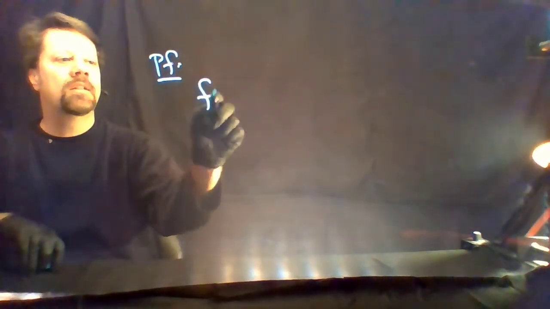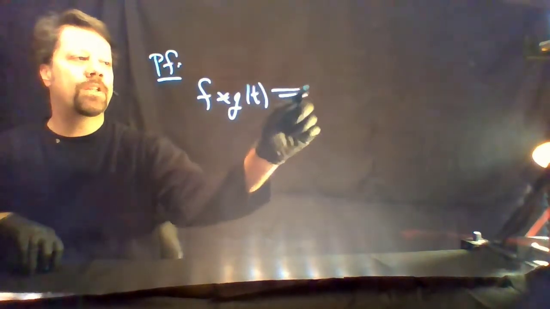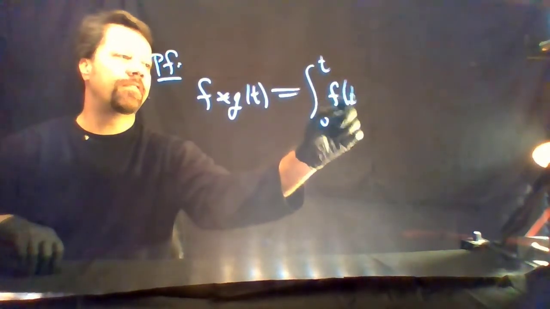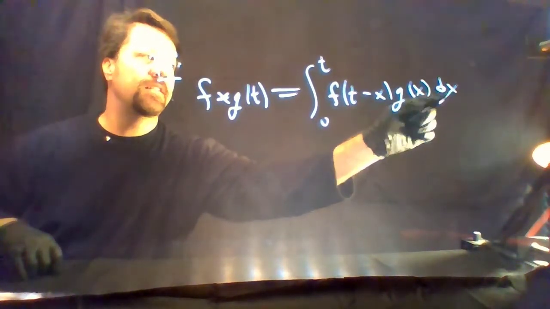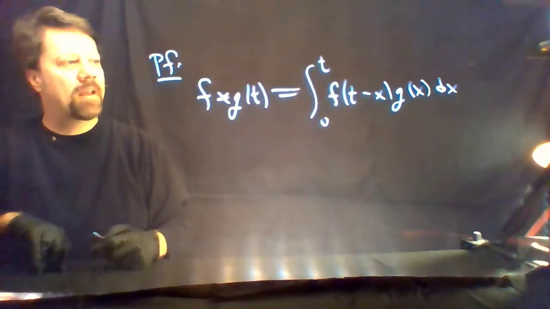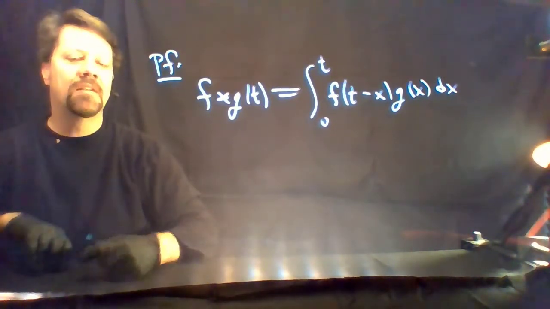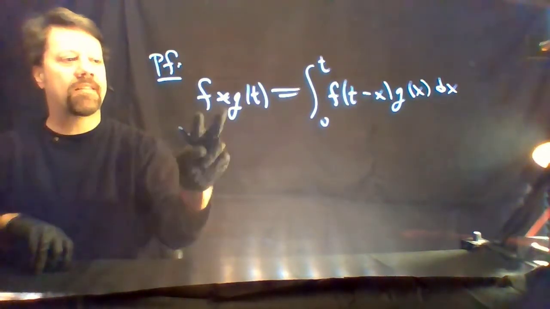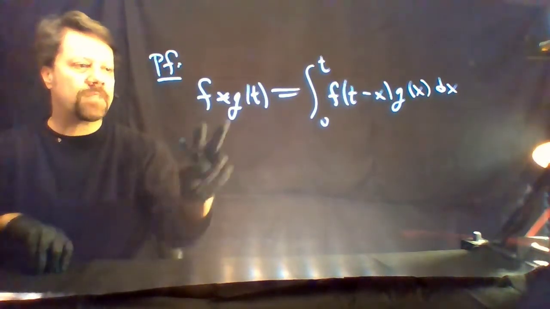So let's write f convolved with g of t, which by definition is the integral from 0 to t f of t minus x g of x dx. Now, there's kind of an asymmetry in the way that f and g are represented inside of this integral, and so it is a little surprising that the convolution product is commutative.